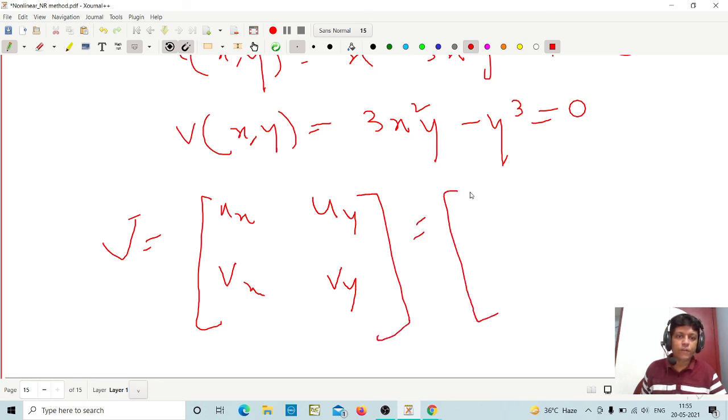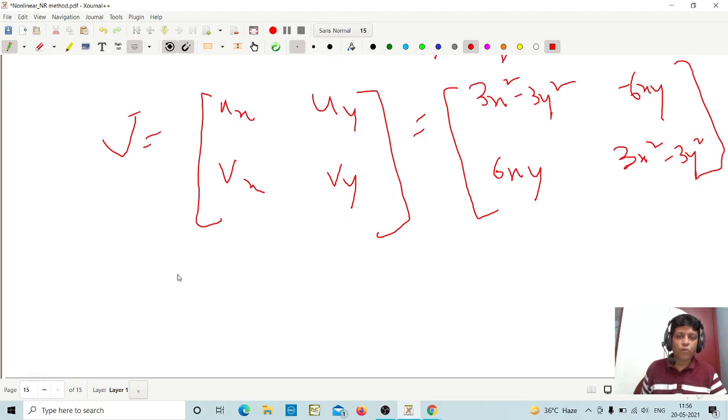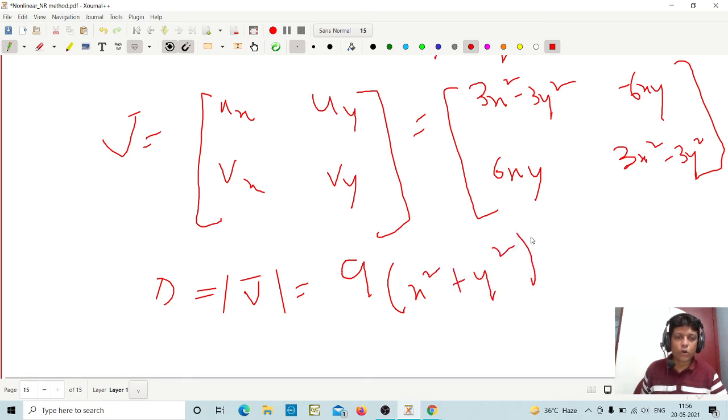So you have 3x squared minus 3y squared, minus 6xy, 6xy, 3x squared minus 3y squared. Okay, and what is the determinant? You can calculate the determinant; that is equal to 9 times (x squared plus y squared) whole squared.